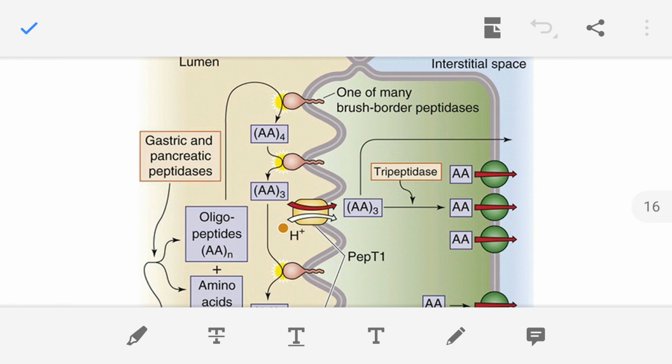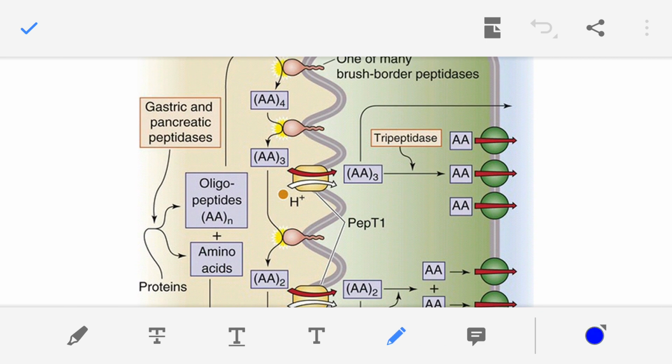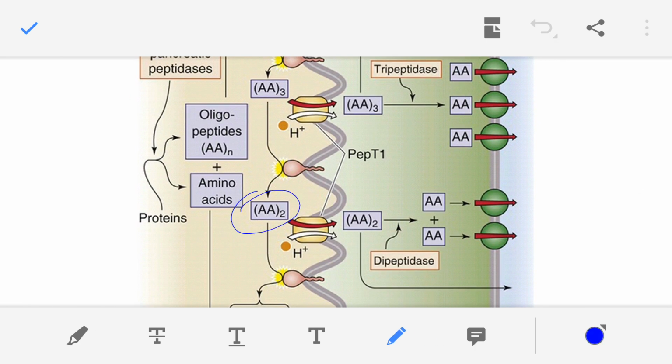Now we have studied the process of protein digestion, and we have learned that the proteins are converted either into tripeptide or dipeptide. Tripeptide or dipeptide, they enter into the cytoplasm of enterocyte, crossing the brush border with the help of transporter.